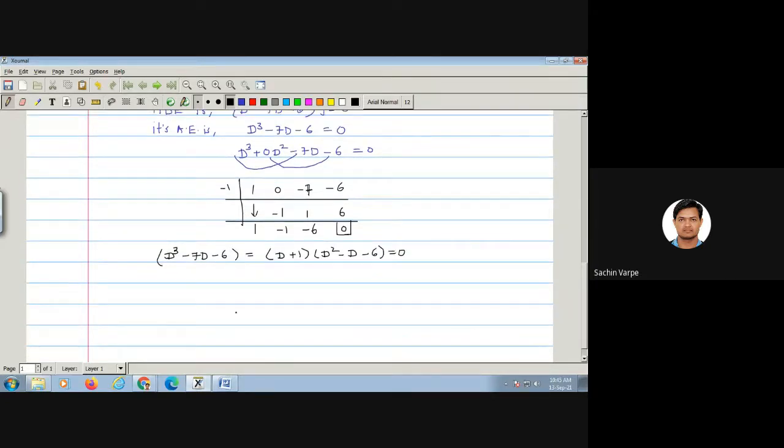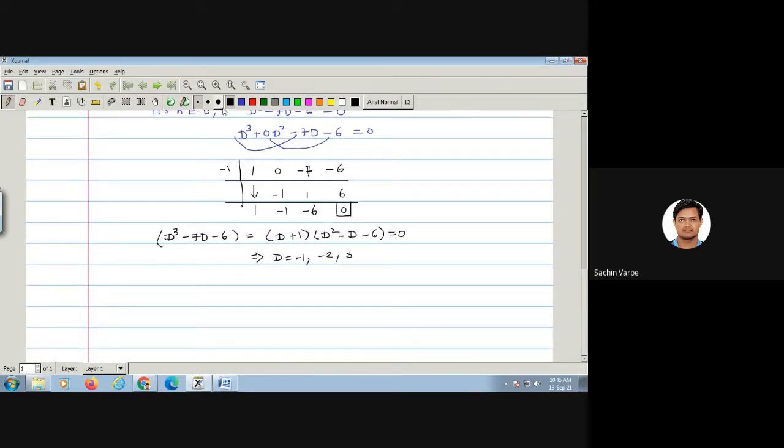You can now get the roots: from this D equals minus 1, and from this quadratic the roots are minus 2 and plus 3, right? Check. Is it correct? Minus 1, minus 2, 3.